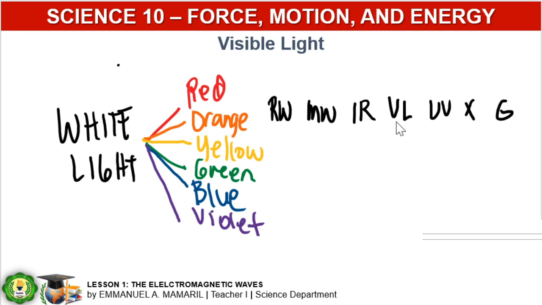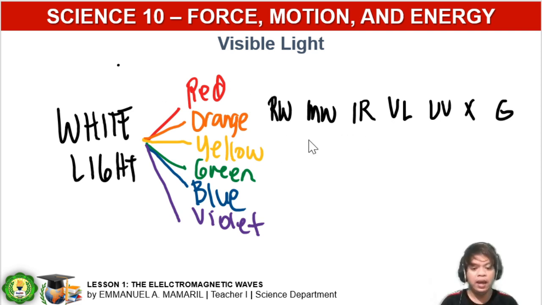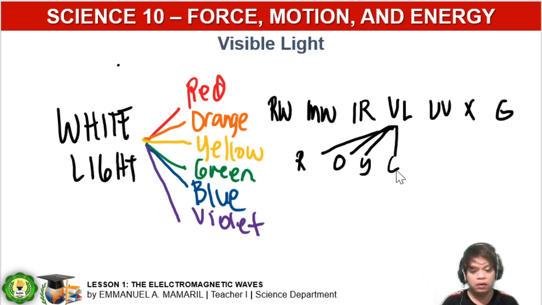So this visible light, this is it. This one, the white light. Okay? So if we enlarge the visible light, we have here the red, orange, yellow, green, blue, and then violet.